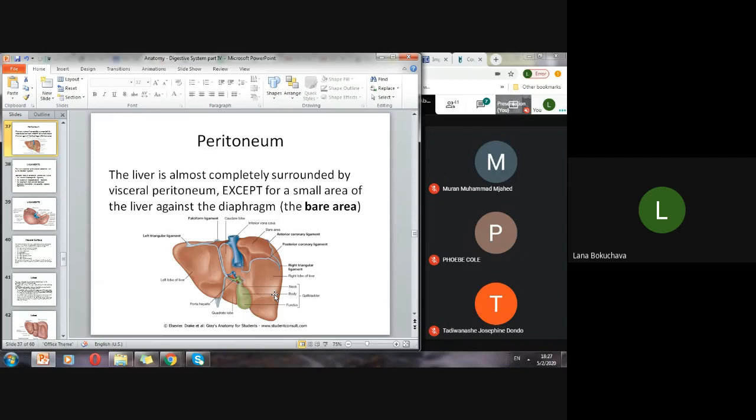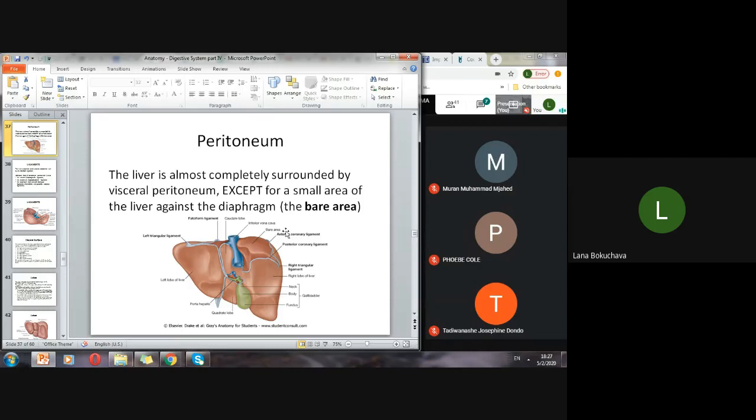So as a result, we can see that the peritoneum helps us attach the liver to the anterior abdominal wall, as well as attach it to adjacent organs, such as the stomach and the duodenum, through the hepatogastric and hepatoduodenal ligaments, respectively.